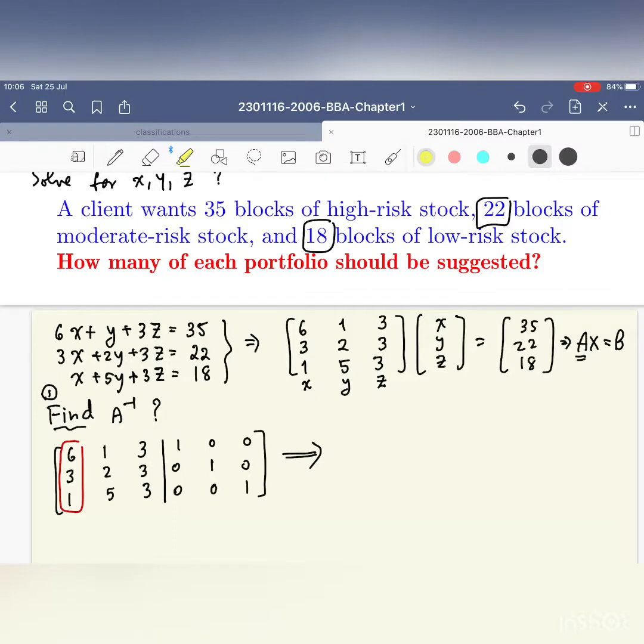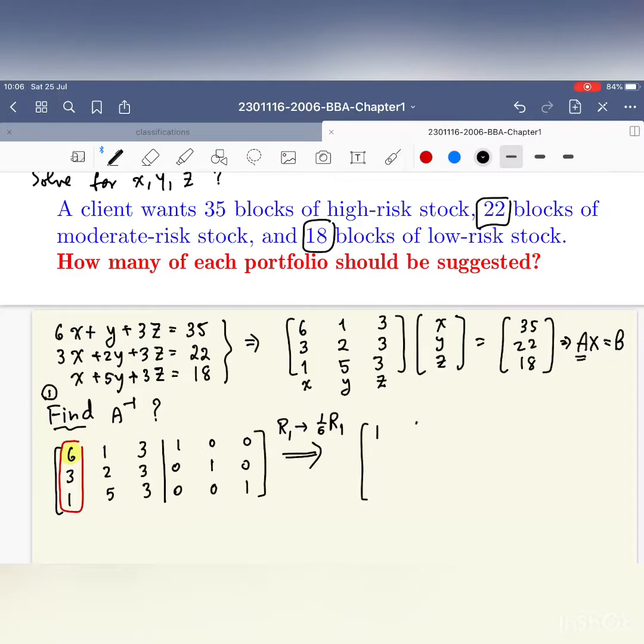Look at the first position of your first column. If it is already non-zero, then you just use it, but this one must change into a 1. So you are going to divide R1 by 6.